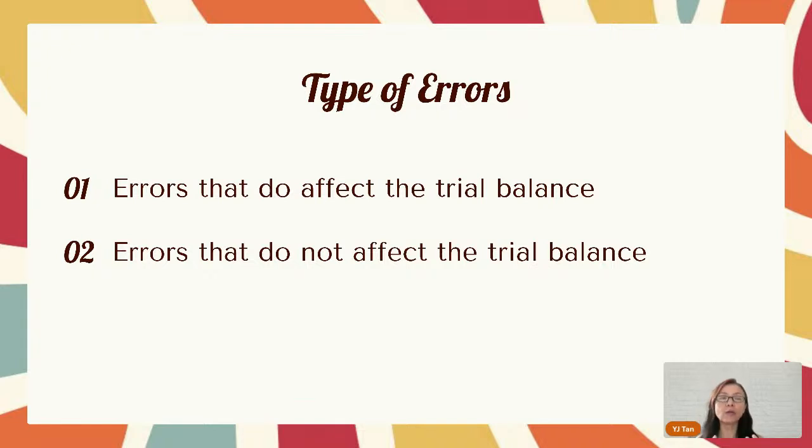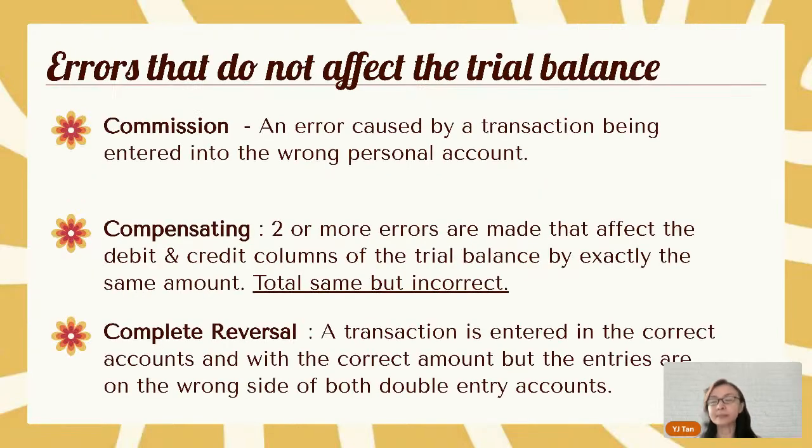So what kind of errors will not affect directly the total balance? Let's have a look. Okay, possible number one, which is commission. An error caused by a transaction being entered into the wrong personal account.